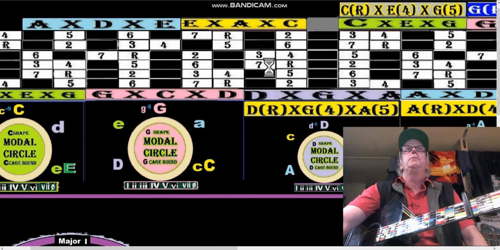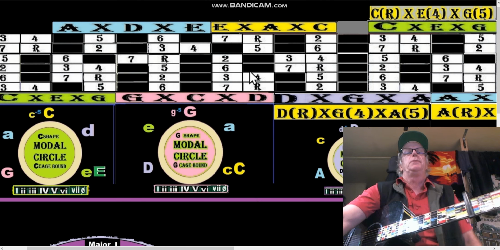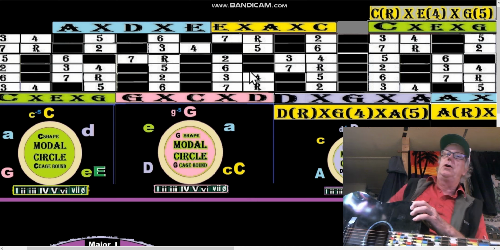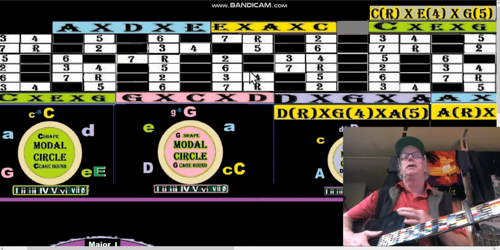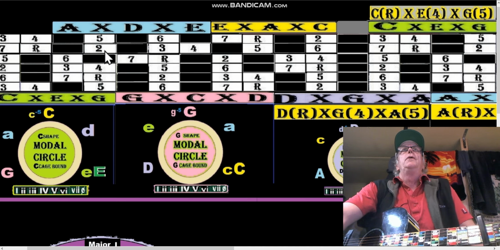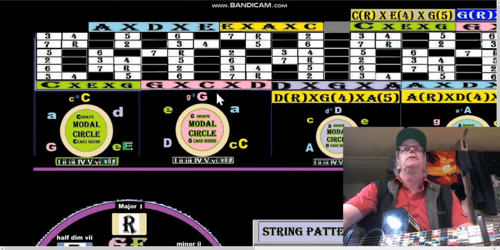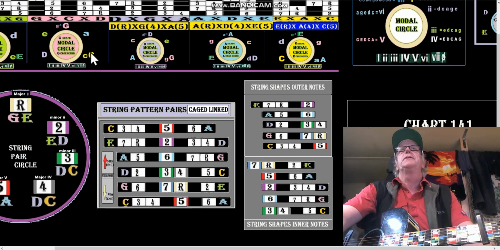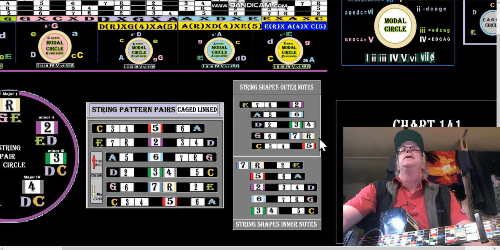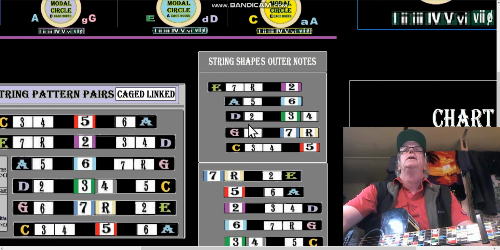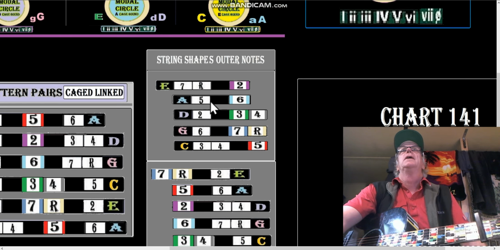The point we've got to learn today, and when you learn this, it's going to be really, really easy to solo and even write songs. So if we're going from an A shape 5, 6, I'm going to make this assignment here that the A shape is going to be the 5, 6.